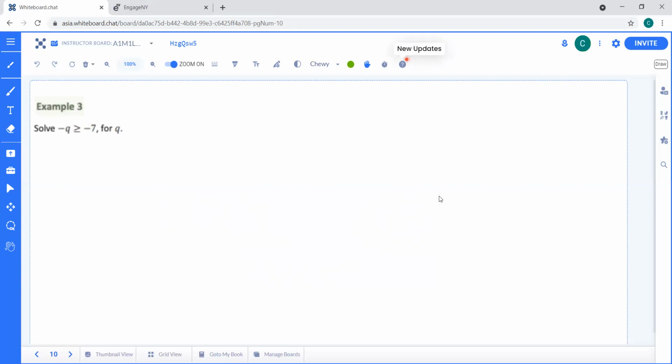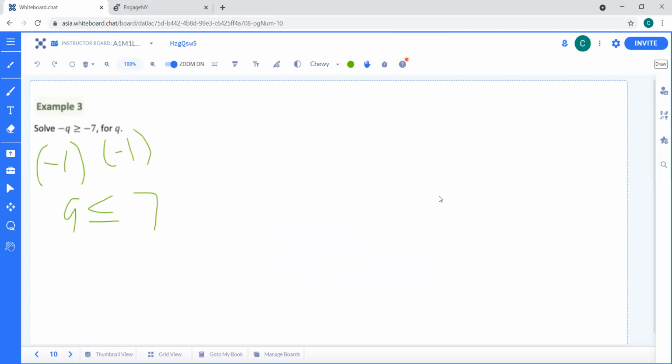All right, solve for negative q greater than or equal to 7. Okay, so let's see here. I've got to multiply through by negative 1. So for q, I'm going to flip my sign. Multiply through by negative 1, that becomes a positive 7.